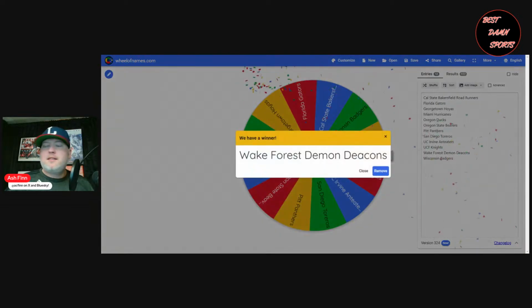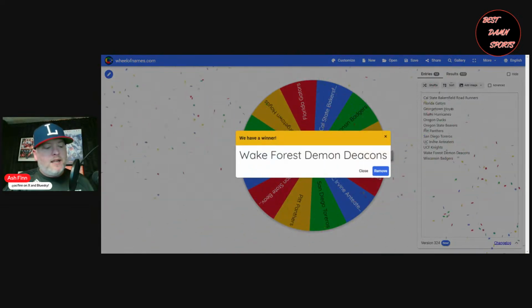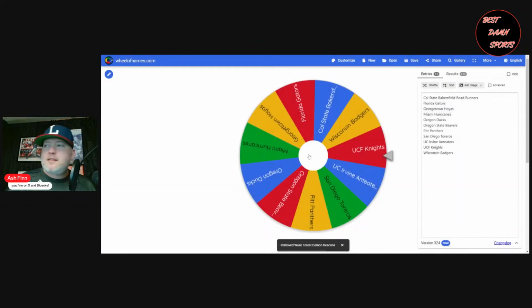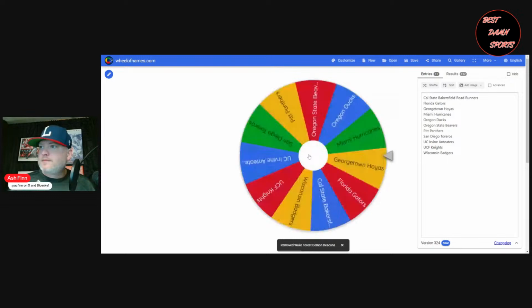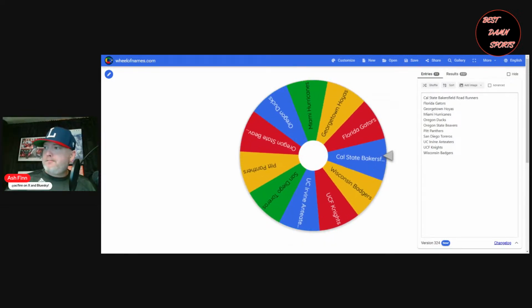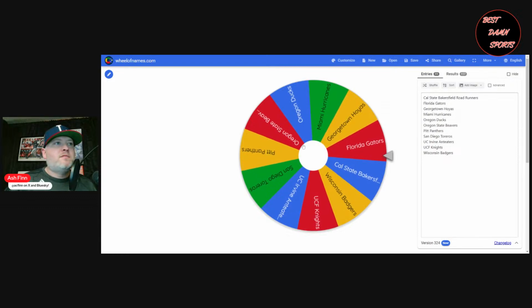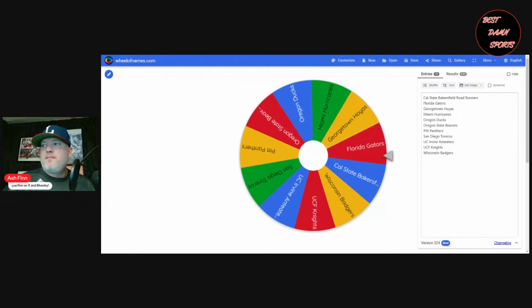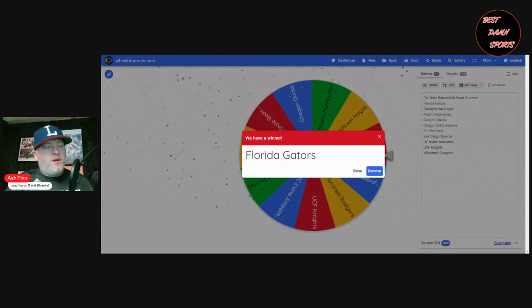And in the ACC, we've got the Wake Forest Demon Deacons going number 3 in the ACC. All right, this was one we kind of knew was coming eventually, but the Florida Gators have the number 1 pick in the SEC.